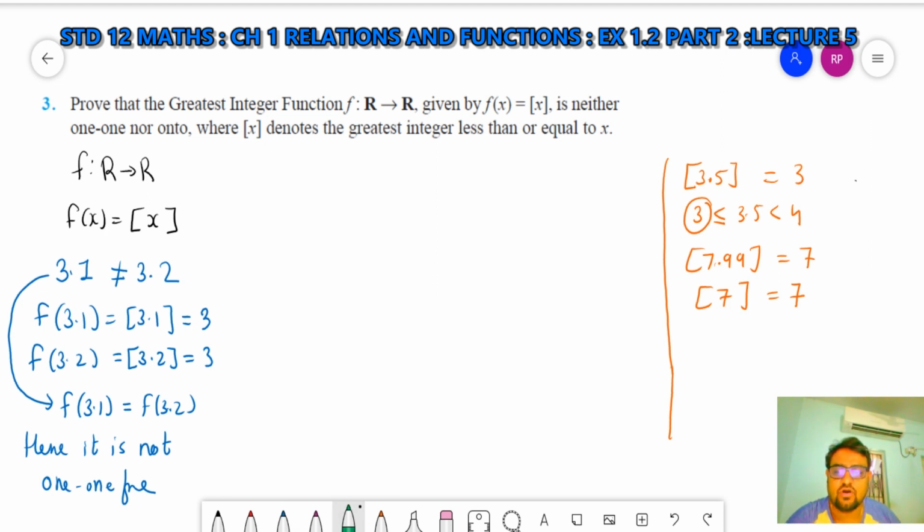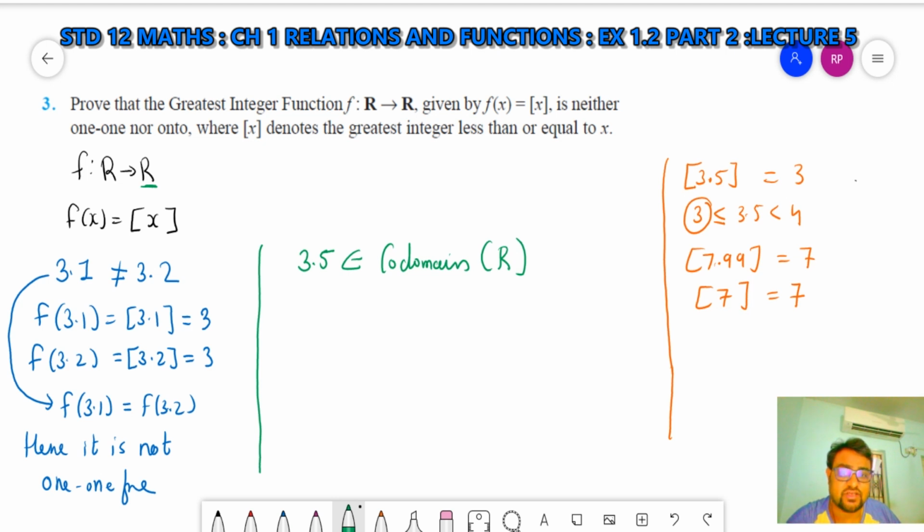Clear? Now it's time for not onto. Remember, in the greatest integer function, your answer will always be an integer. Now, what is the codomain here? R. That means it also includes numbers with decimals, right? You can say that 3.5 belongs to the codomain. What is the codomain here? R. And what is the range?